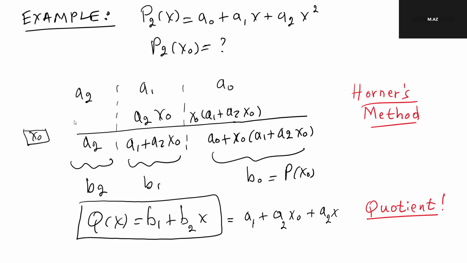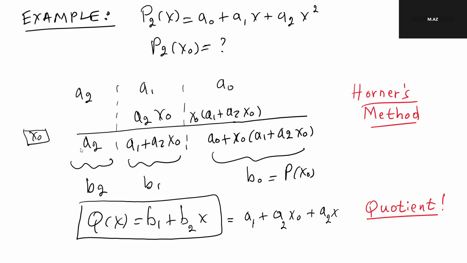We apply the Horner's method at x0, and this is the remainder. If you remember, the first cell from the right side is called the remainder, and it shows the value of the polynomial function at x0. This part is the quotient of these equations.